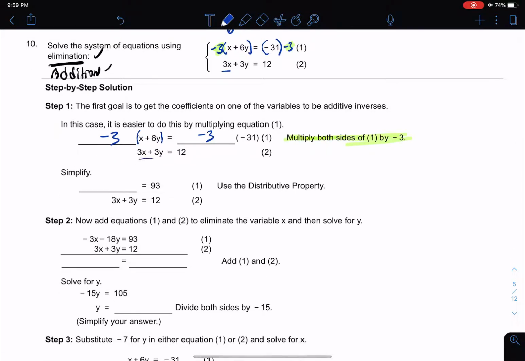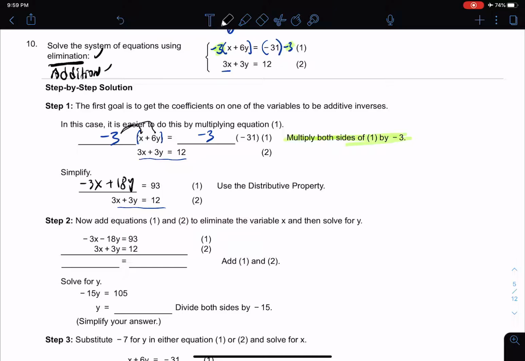now this one we just copied down right here. So when I do that, I distribute -3 times x gives me -3x, and -3 times 6y gives me plus 18y. Okay.